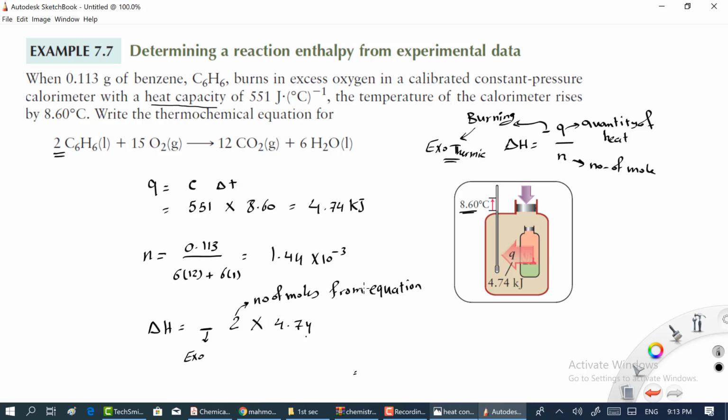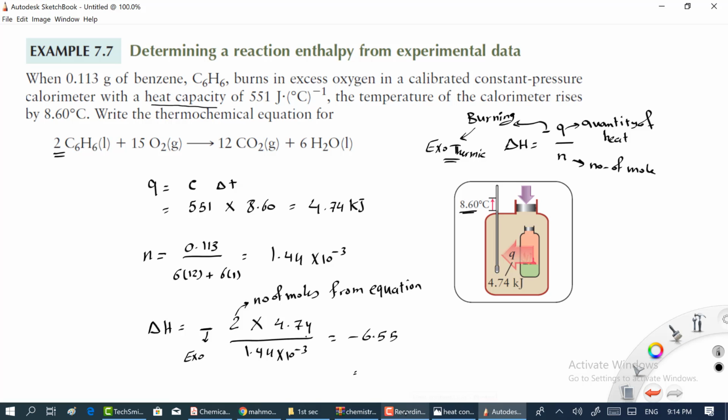Since we need the molar enthalpy for 1 mole only, we divide by 1.44 times 10 to the power negative 3. Calculating the value, it equals negative 6.55.